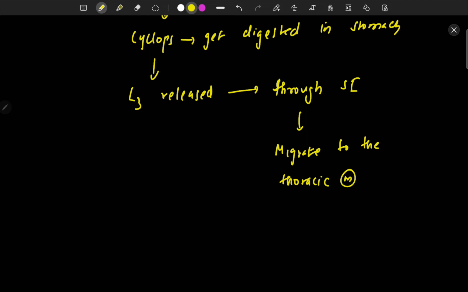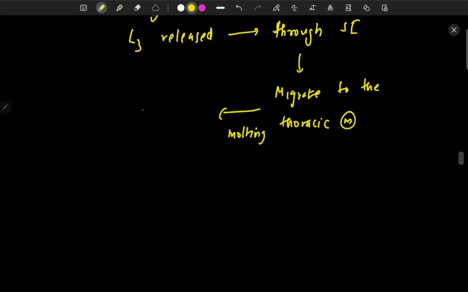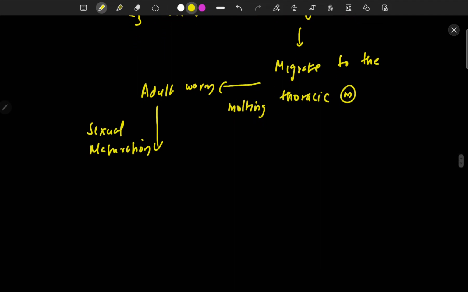In the thoracic muscles, they undergo molting to form the adult worm, and they undergo sexual maturation to form a gravid female worm.